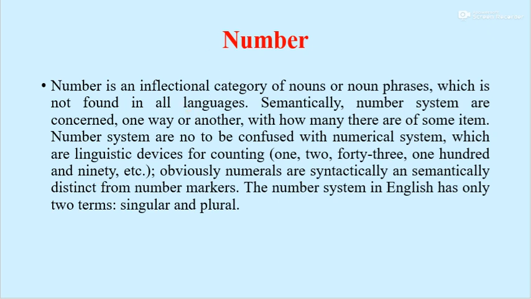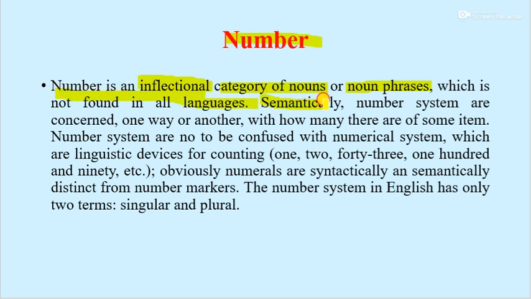And in grammar, if we talk about number, number is an inflectional category of nouns and noun phrases. These are inflectional categories of noun and noun phrase, which are not found in all languages.